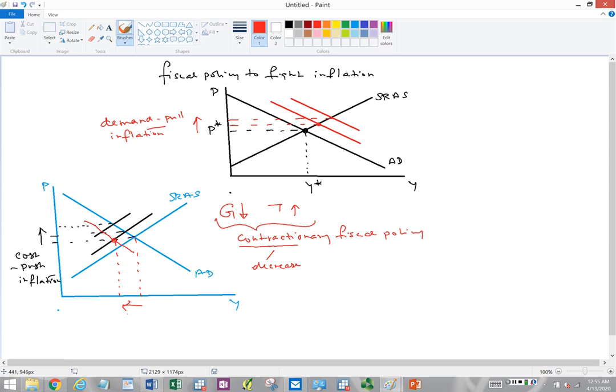Stagflation is a phenomenon that was observed in the US in the 1970s. The aggregate supply curve shifting to the left causes inflation as well as a widening recessionary gap. So we have a stagnating economy and we have inflation. Now, if we combat this with contractionary fiscal policy, this would simply worsen the stagnation, worsen the recession. Correct?